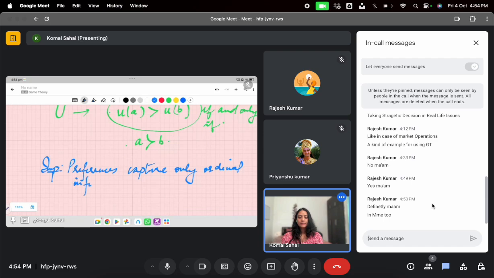If we say that A is preferred over B, that is all we know. हमको ये नहीं पता कि how much is A preferred over B. So if we say that A is preferred over B, B is preferred over C, then in no way can any preference tell us that A is preferred over B more than B is preferred over C. ये information है ही नहीं इसमें.